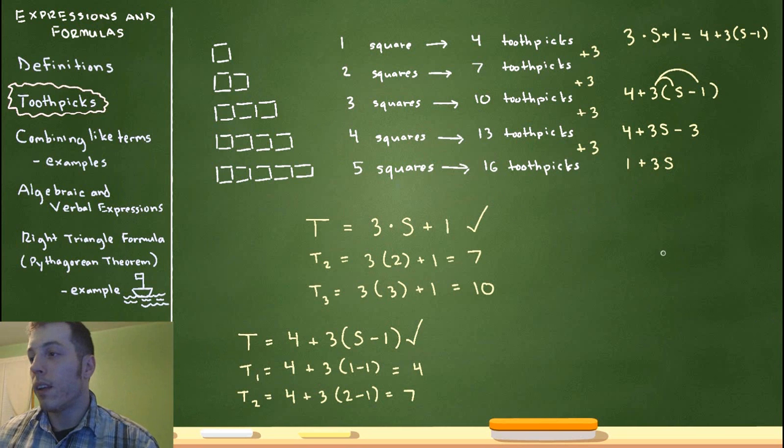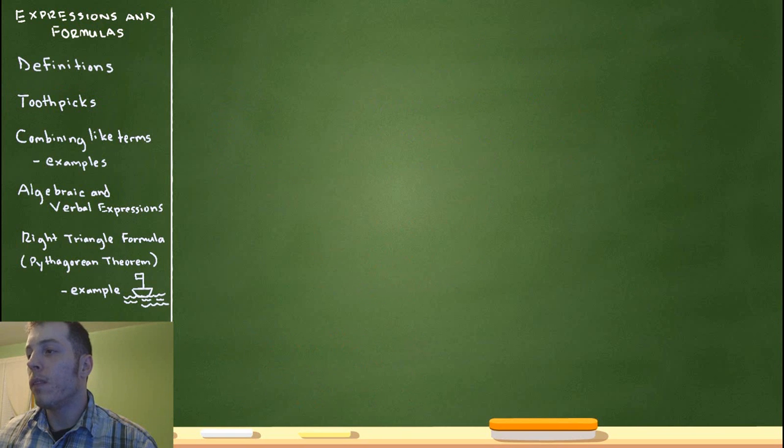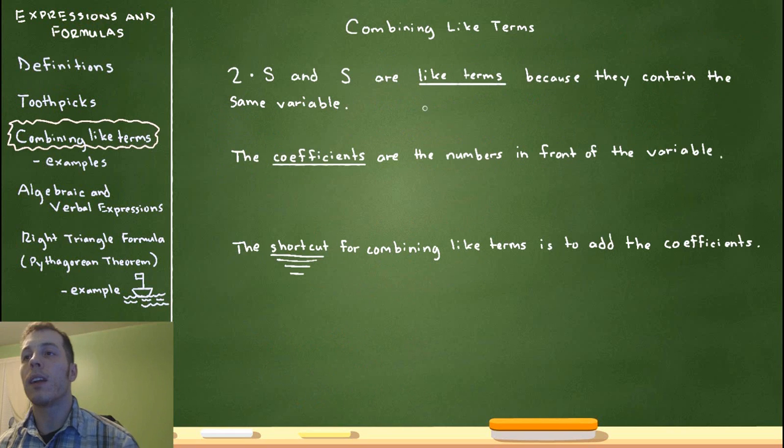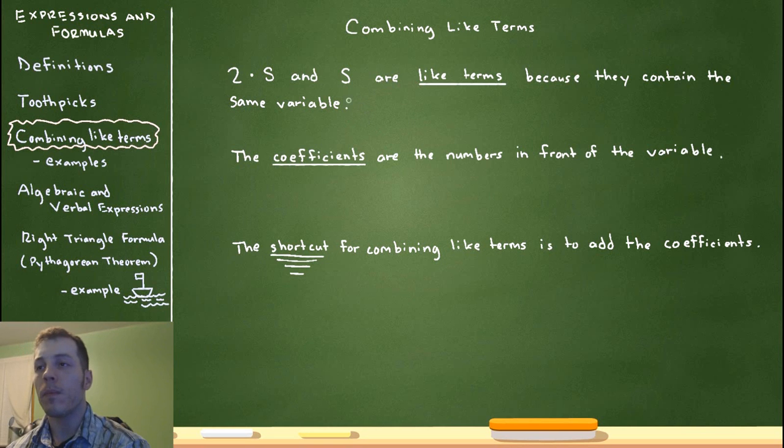Okay, so let's move on. Let's talk about combining like terms here. So here I've written down combining like terms. If we have something like 2s, right, and s in the previous case was representing squares, right?